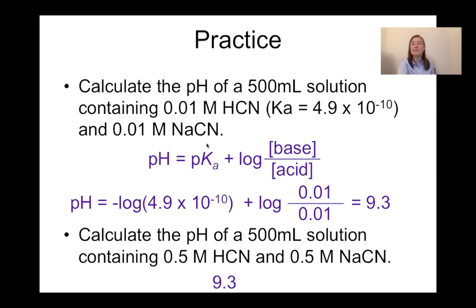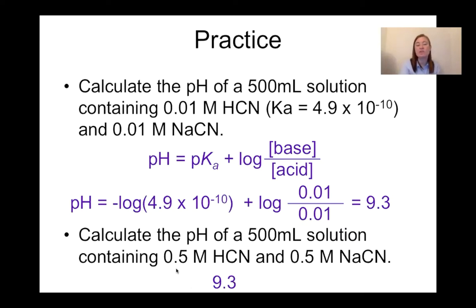In this solution, if I were to add another 500 milliliters of, let's say, 0.02 molar base, there's not enough acid to react with it. And so the acid would all get used up, and then the buffer would stop behaving like a buffer, and it would start just behaving like a normal solution that I'm adding base to.